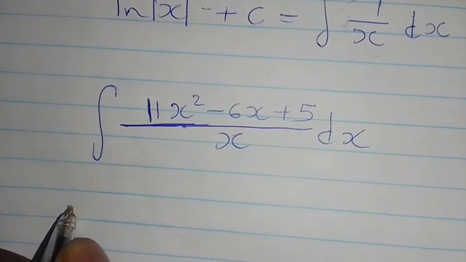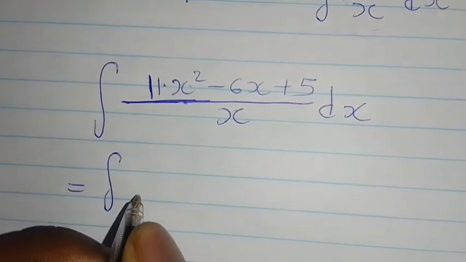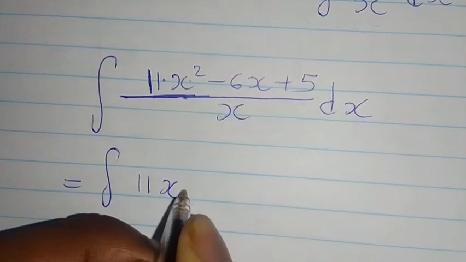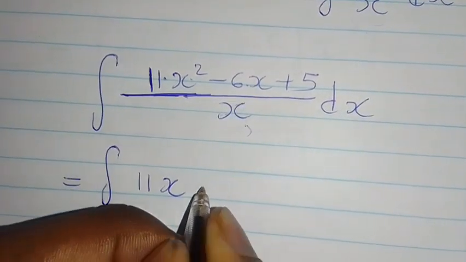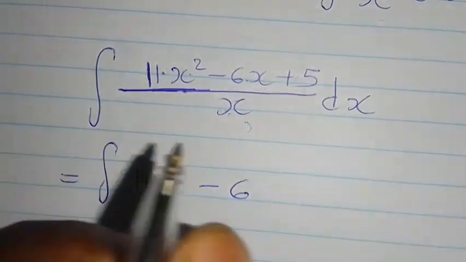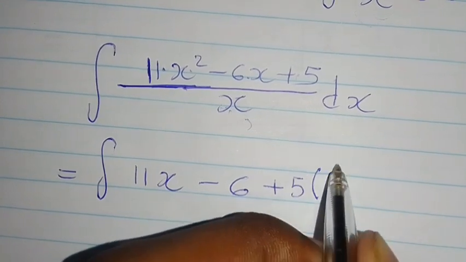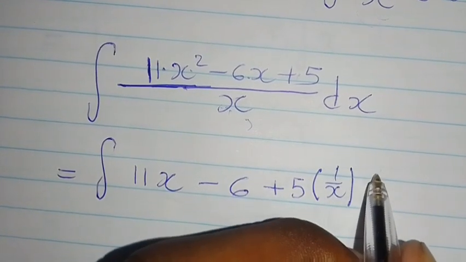And I'm looking for the integral of this. So I'm just going to simplify this. 11x squared divided by x is going to be 11x. Minus 6x divided by x is just going to be minus 6. And then 5 divided by x will be the same as 5 times 1 over x dx.